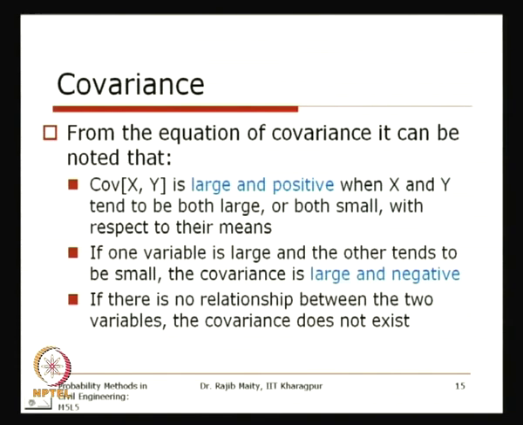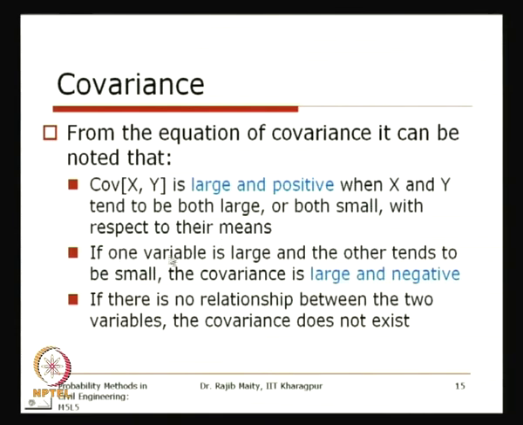Now, from the expression of the covariance that we have seen, it can be noted that the covariance of x and y is large and positive when x and y tend to be both large or both small with respect to their means.